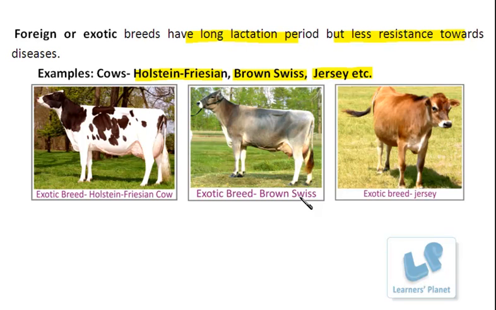So basically, these organisms can be improved. I mean, special breeds should be selected, or they should be improved in such a way that they have qualities which can increase the production of milk, increase the lactation period, and along with these two points, they also have good resistance power.